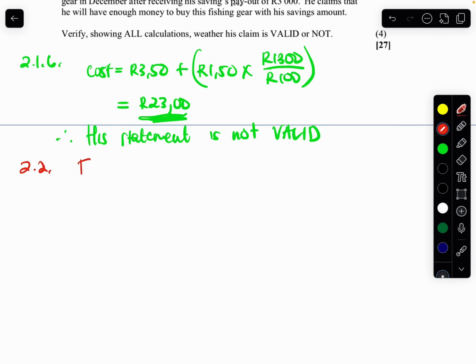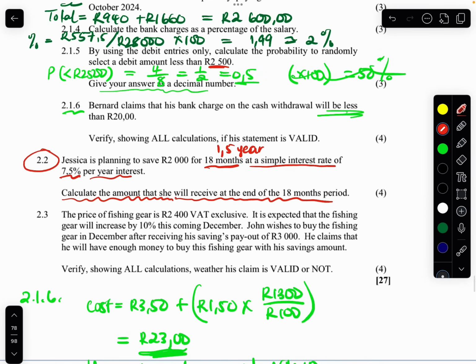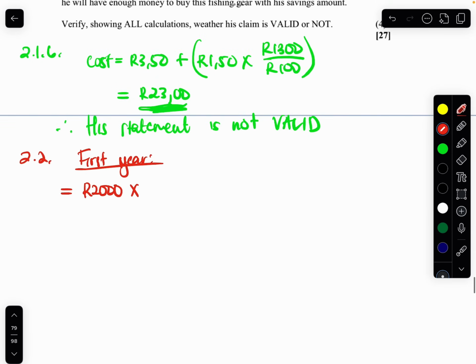In 2.2, we're going to calculate the money for the first year, how much money she will have in the first year. So in the first year, we take the money that is saved, which is the 2,000, and we multiply by the percentage. Where's the percentage? It's 7.5. We multiply by 7.5 over 100, and then you can times by 1, but you don't have to, so it's going to be 150 rand.